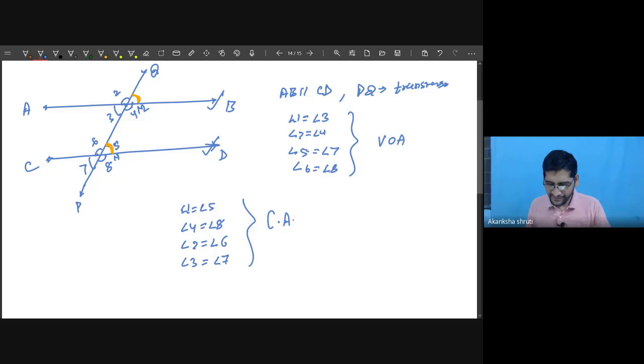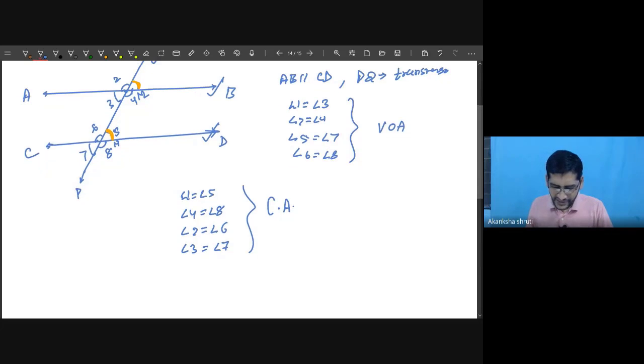Now, there are a few other relations. If we consider the angle like this, student, let us consider angle 2 and angle 6, or we may consider angle 1 and angle 7.